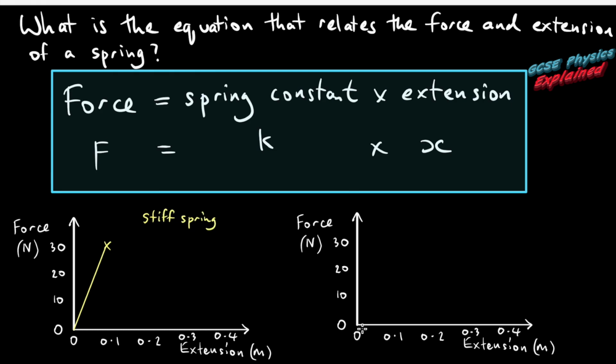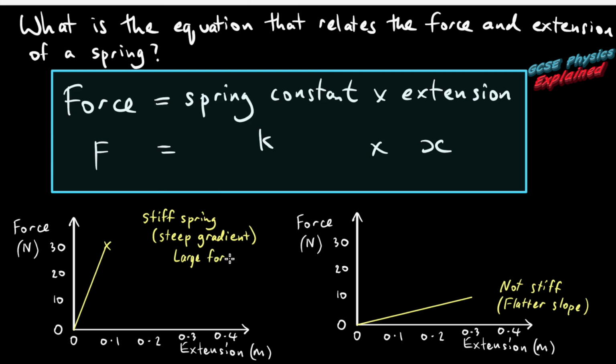And if you've got a spring that's not stiff, that means that you only need to put a smaller force on and you get a large extension. So let's relate how stiff the spring is to the steepness of the gradient. So a stiff spring is a steep gradient or slope, and when it's not stiff, it's a flatter slope.